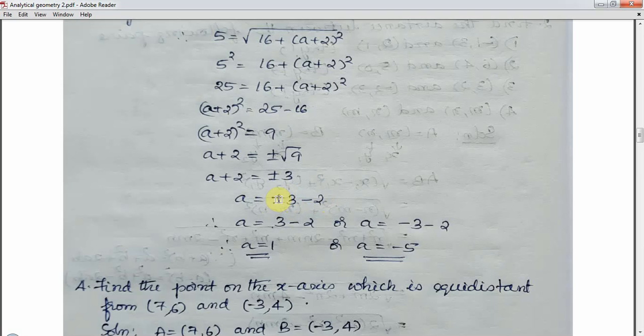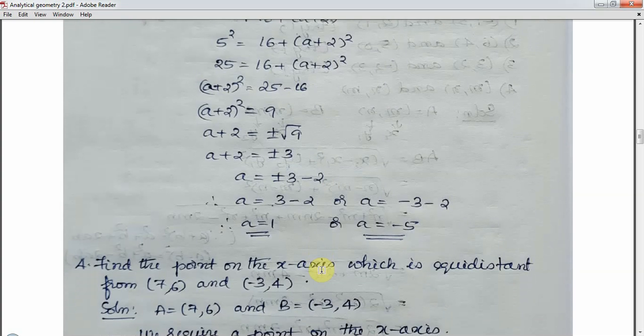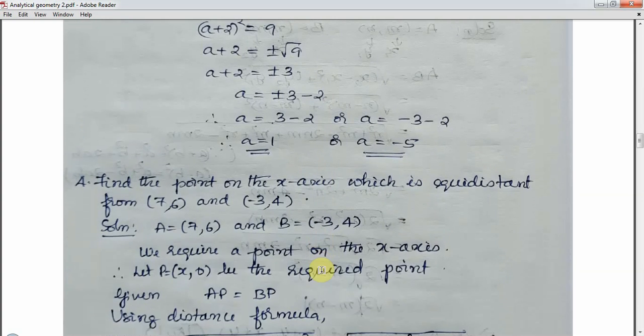If I take plus 3 here, then a is equal to plus 3 minus 2. Or if I take minus 3 here, a is equal to minus 3 minus 2. Therefore, a is equal to 1, or a is equal to minus 5. Therefore, a can take any of these values. You have to find the value of a, and we have found the value of a.